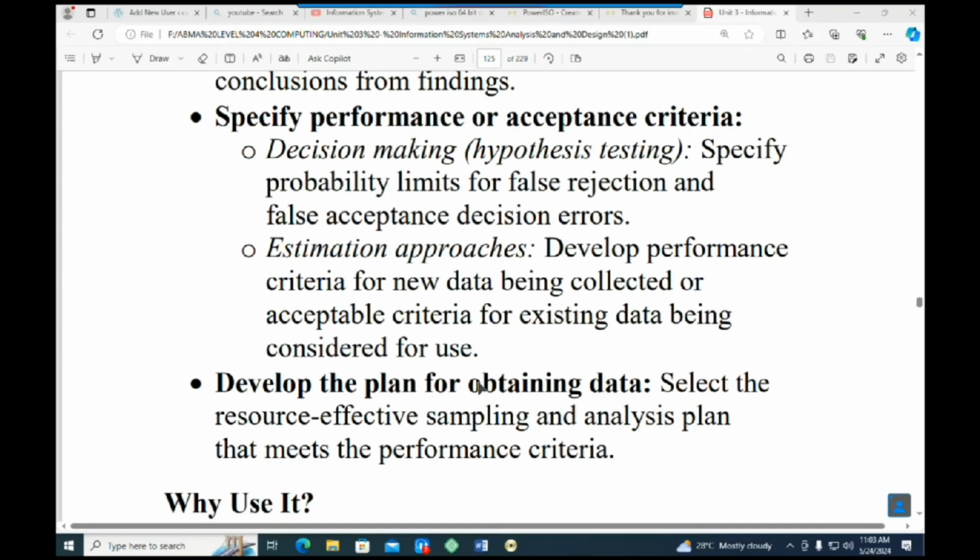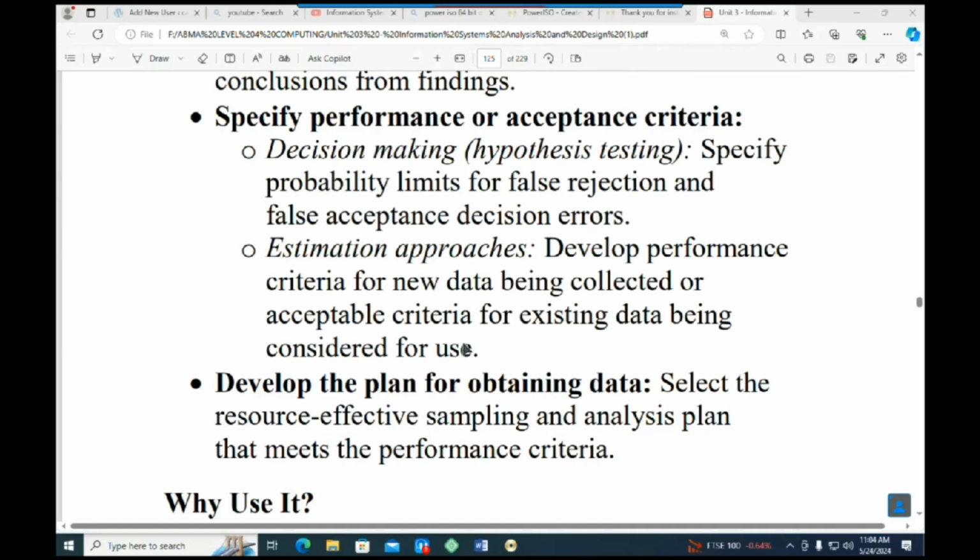So you're going to have a criterion to look at the performance of the new data that we are collecting, or an acceptance criterion for data that is already existing. So the question is, how useful is this data that we are collecting going to be when it comes to the development? Or rather, how acceptable is this data that was already collected when it comes to using the system?